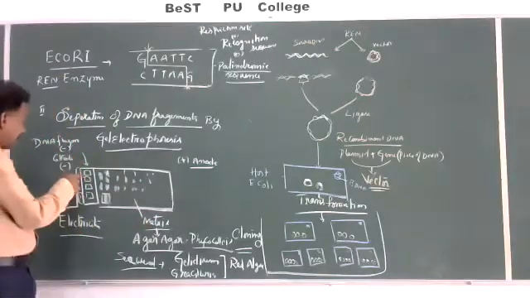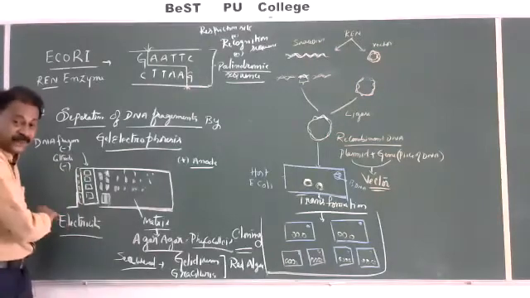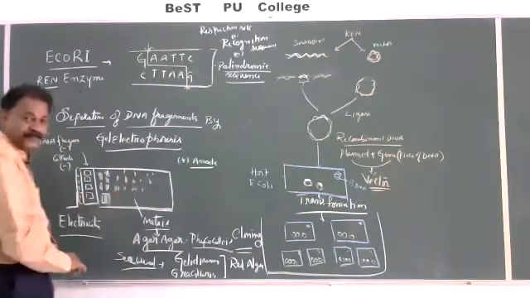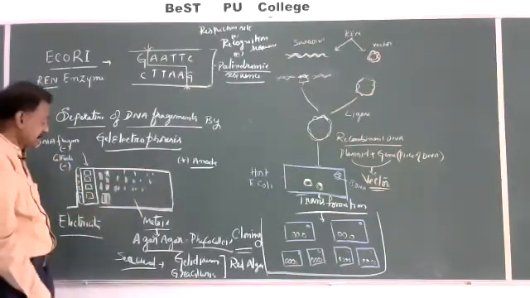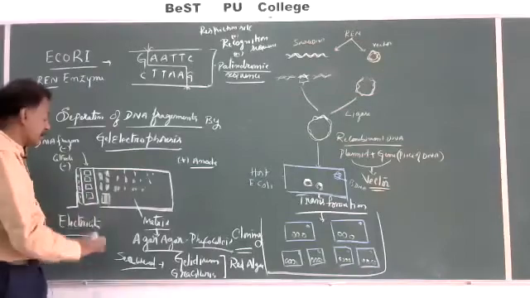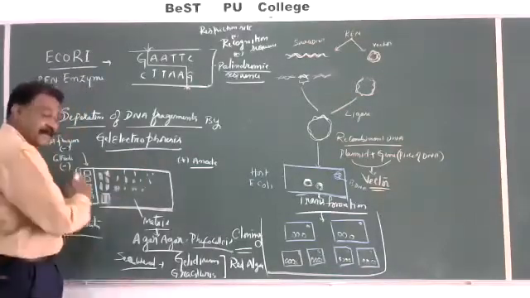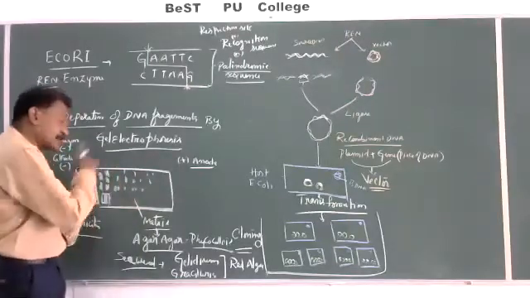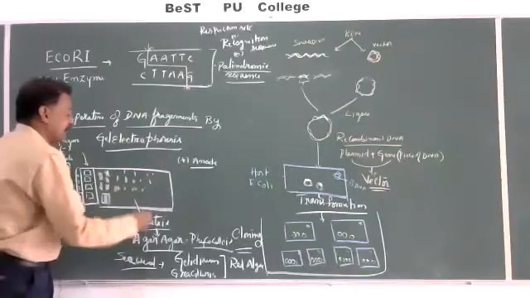Whenever DNA fragments are put in the wells and electric force is applied to move them from cathode, from negative charge to positive charge, they were forced to move based upon their size. They will travel towards a particular charge, anode, and they will appear.